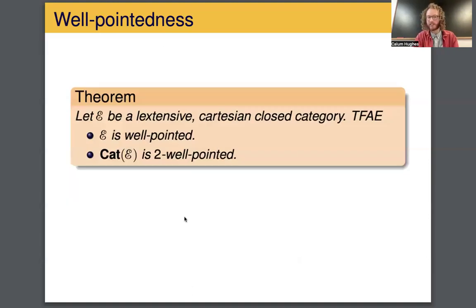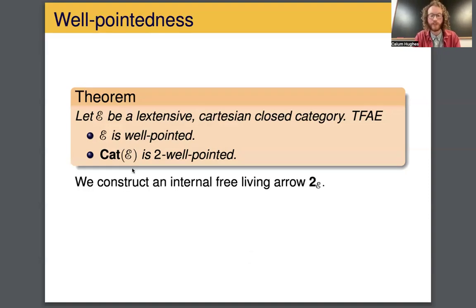So the theorem is that in an extensive Cartesian closed category, E is well-pointed if and only if Cat E is two-well-pointed. The proof goes by constructing an internal version of the free-living arrow in E. This is constructed in the way that you might imagine. The walking arrow has 2 objects, so the object set is 1 plus 1.